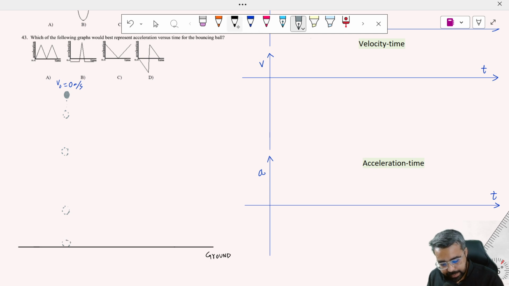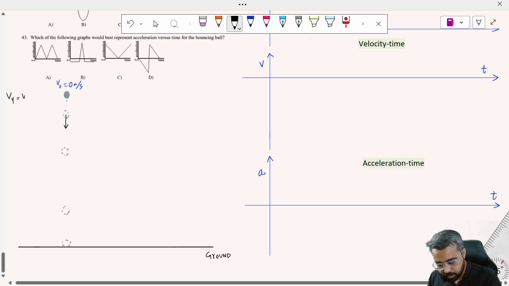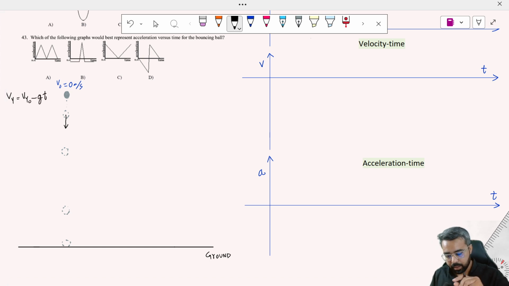Initially there is no velocity, but the velocity is increasing, and the equation that tells us this is vy equals vy0 minus gt. With the negative sign of g, as time passes the velocity increases, so just before hitting the ground it will have its maximum velocity, directed downward.